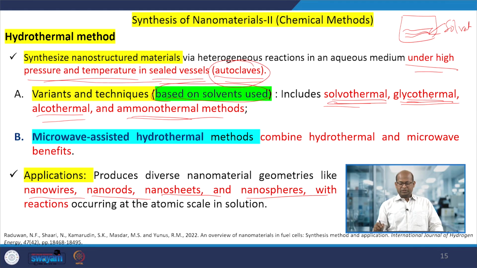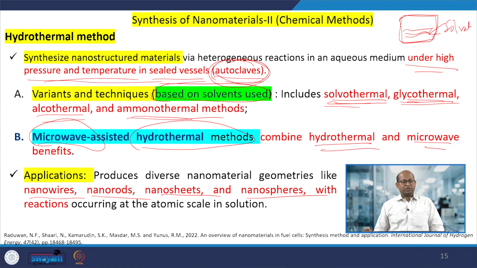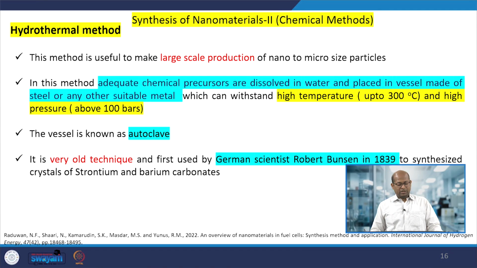When the sealed vessel or autoclave is taken for preparation of these materials, conventional heating we can use, or apart from that, microwave heating also we can use to get very fast heating. So, with hydrothermal, microwaves also we can use to heat up the solutions to prepare the nanomaterials.